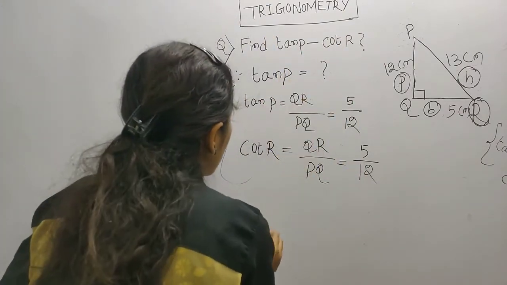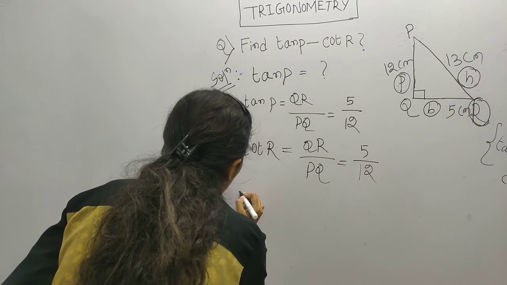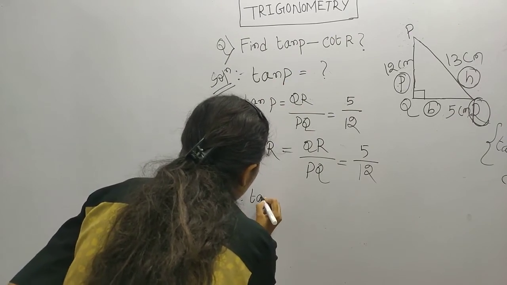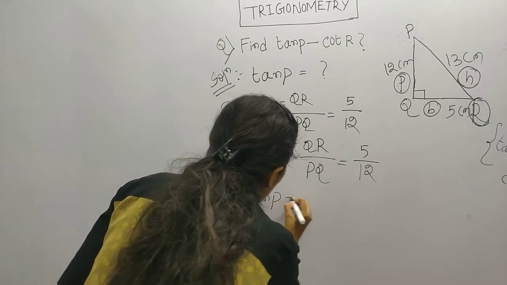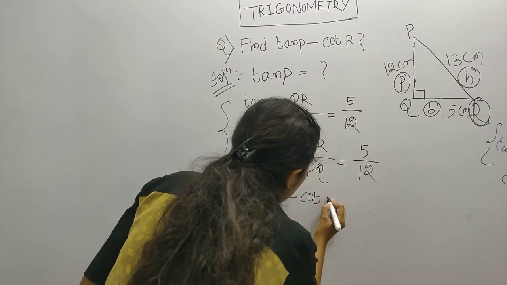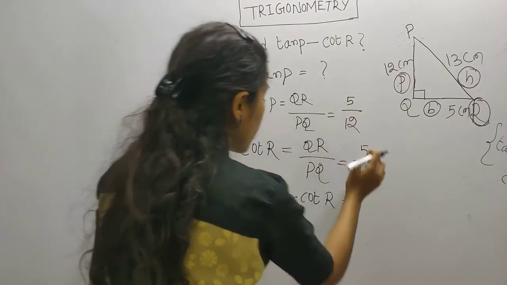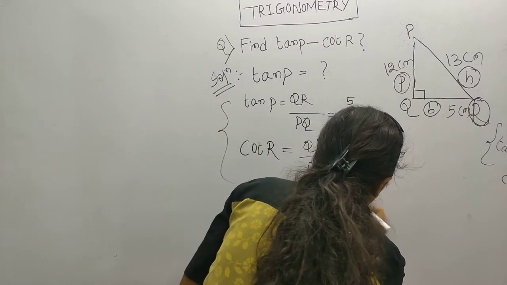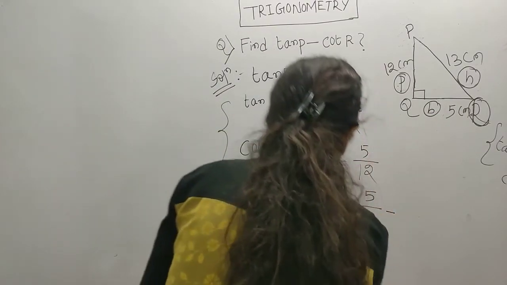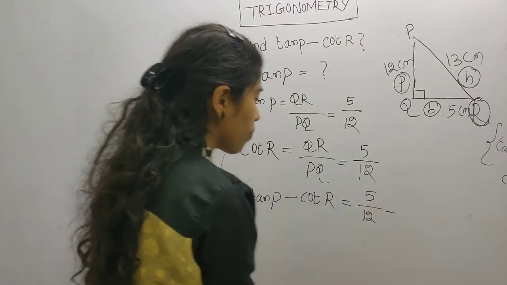Next go to the quotient. Individually we have already found those. Now, therefore, tan P minus cot R equals how much? Tan P is 5 by 12 minus cot R. Cot R is also 5 by 12.